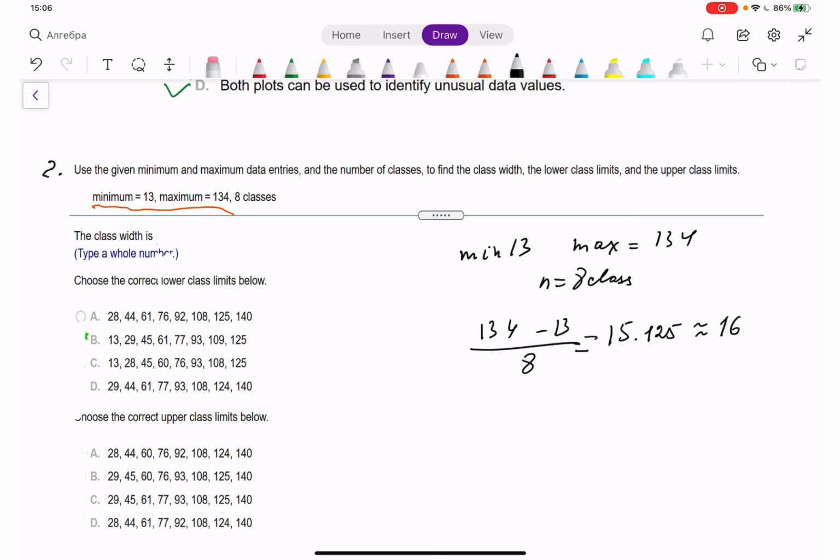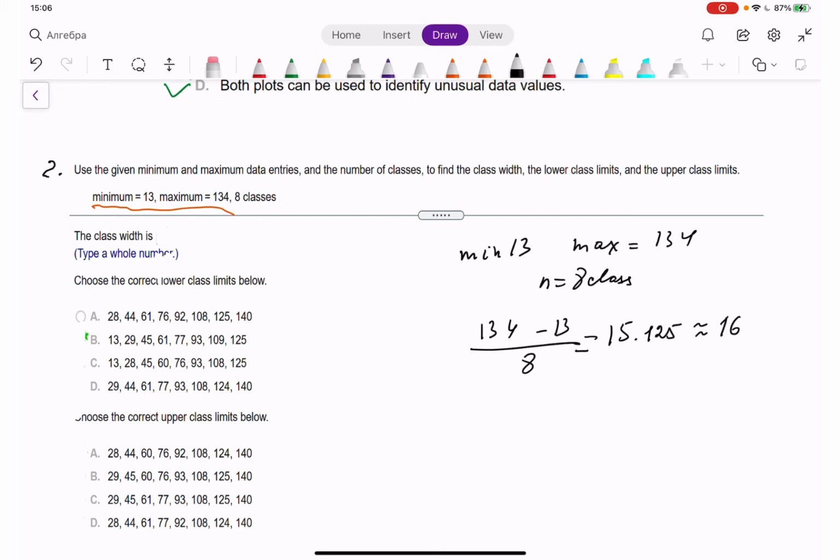So we have to take and subtract. In the case of A, 44 minus 28 is 16. Now the second one, 29 minus 13 is also 16. Okay, let's keep checking. For A, between 28 and 44 the difference is 16.